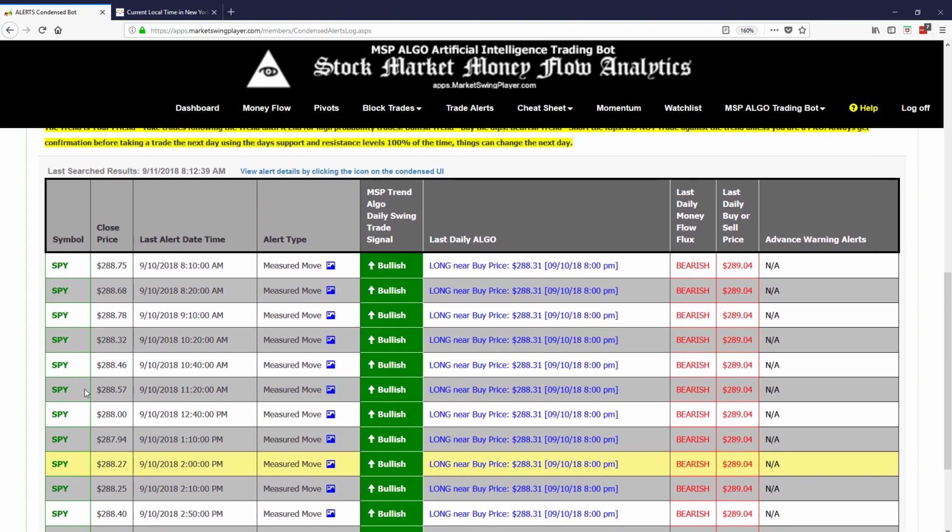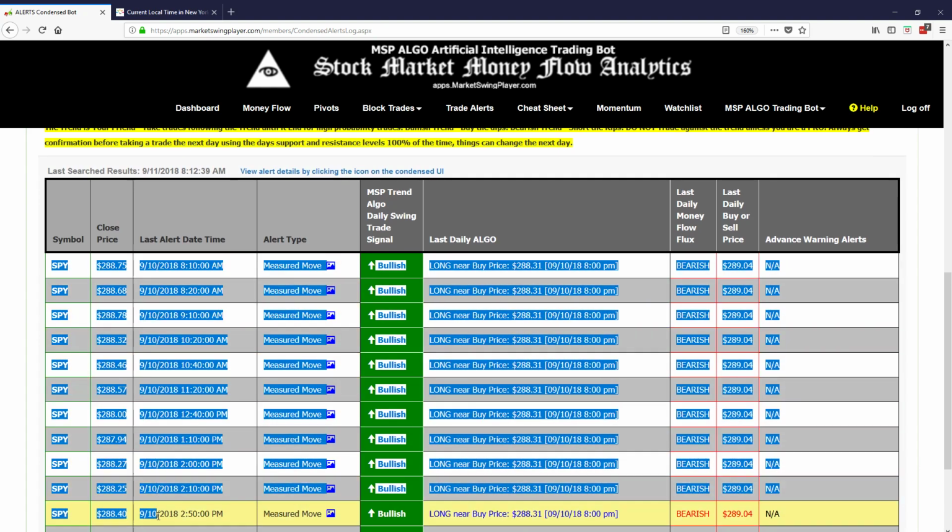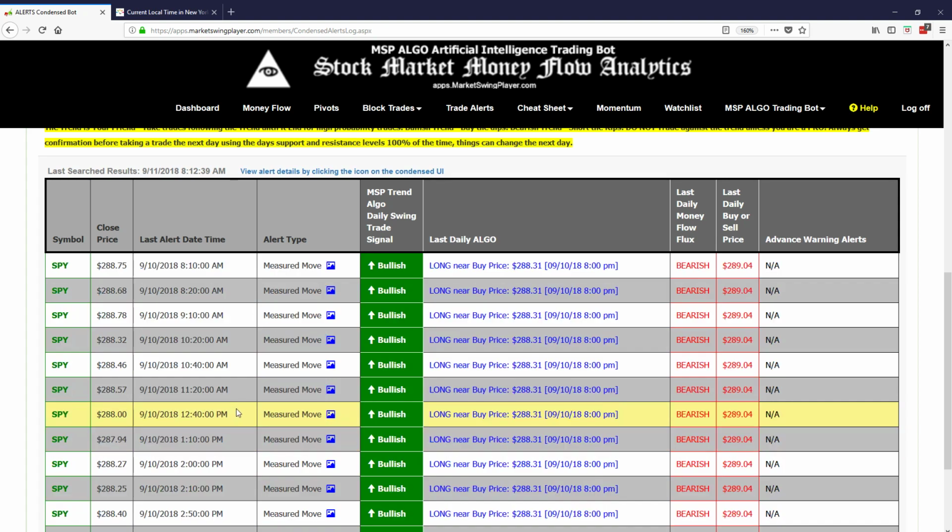Okay, so we could see that many measured move alerts came out. As they come out intraday, this is based on a 10-minute time frame. It's checked every 10 minutes. If you're scalp trading, you may want to use the 10-minute. If you're not scalp trading, you may want to use a longer time frame.